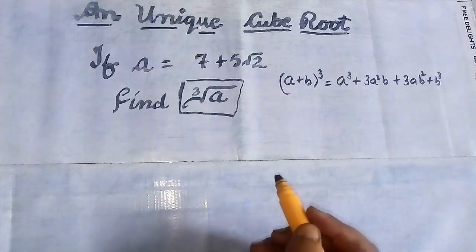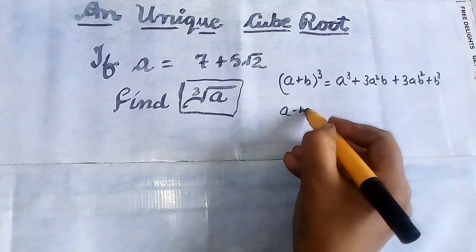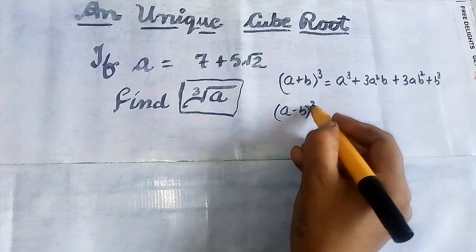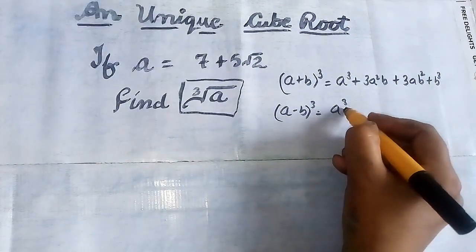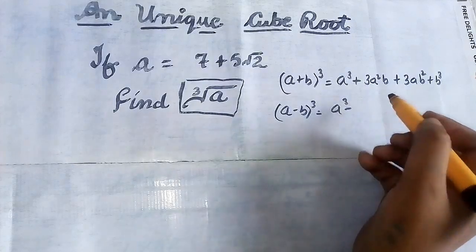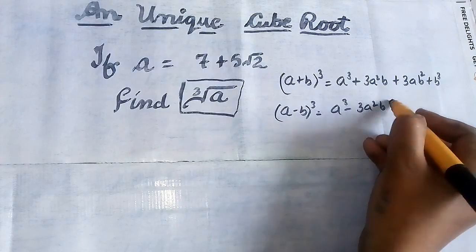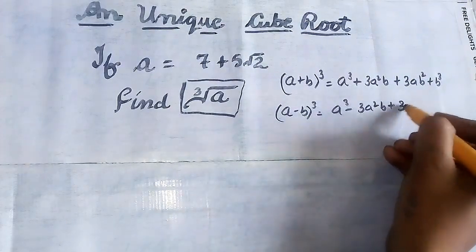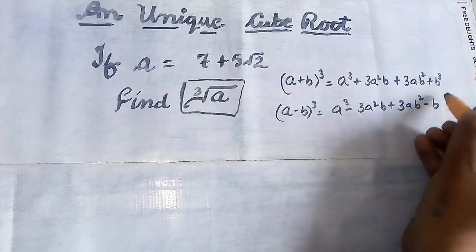and its negative identity: (a minus b) whole cube equals a cube minus 3a square b plus 3ab square minus b cube.